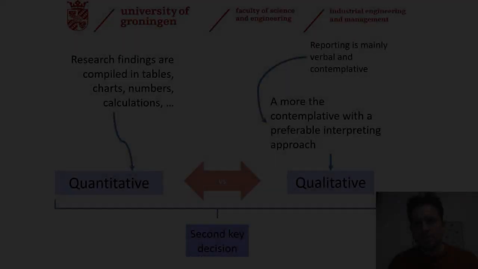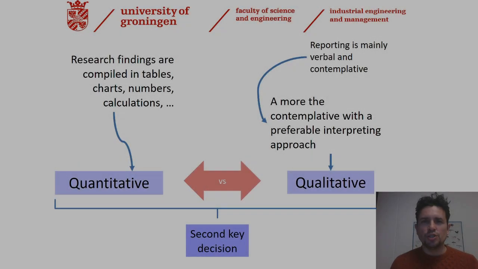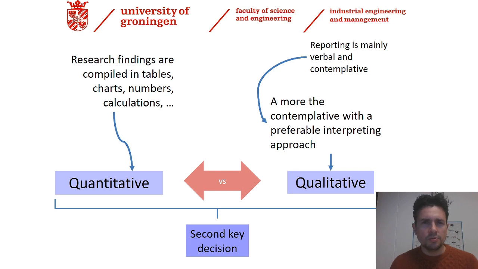The second decision is about the nature of the research and the strategy to follow, whether it's quantitative or qualitative, whether there is more verbosity or contemplation in terms of qualitative type of research, or quantitative. Are there experiments? Are there mathematical optimization? Is there an experimental setup in terms of tables, numbers, calculations?